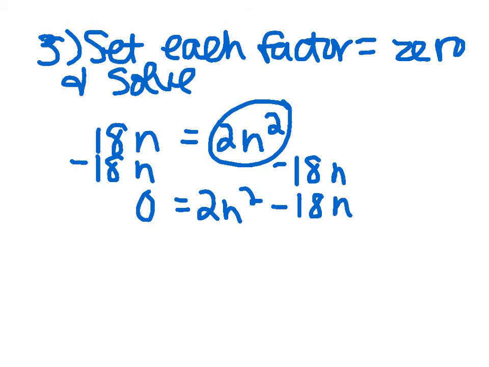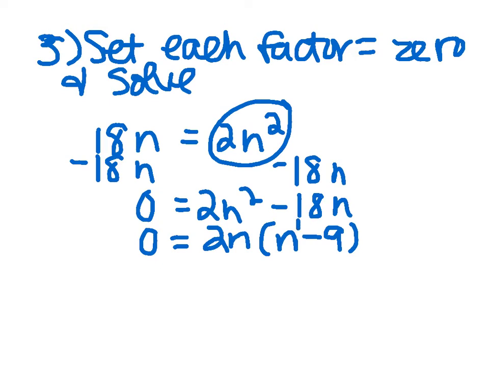Now I need to factor. The first step of every factoring problem is to look for a greatest common factor. That factor is 2n. What's left is n minus 9. Now you might think that this is a difference of squares, but it's not, because n has an exponent of 1, which means it's not a perfect square.